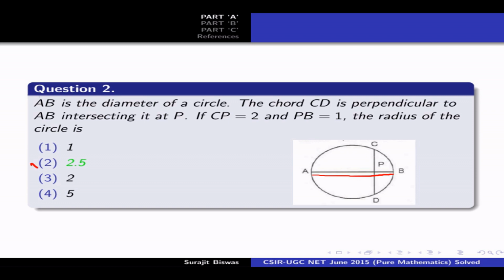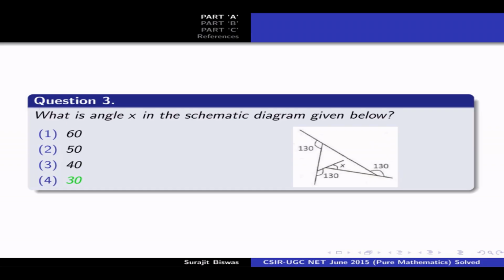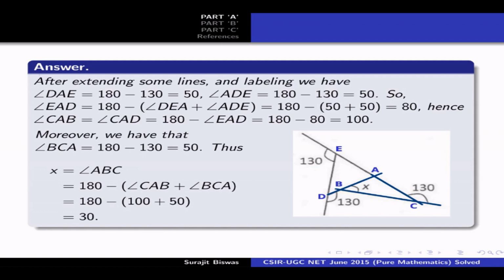Okay, next problem. What is angle X in the schematic diagram given below? This is the diagram that is given, and we have to find the value of X. After extending some lines and labeling, we have to find this angle X, and to get this angle it is enough to find this angle and this angle.